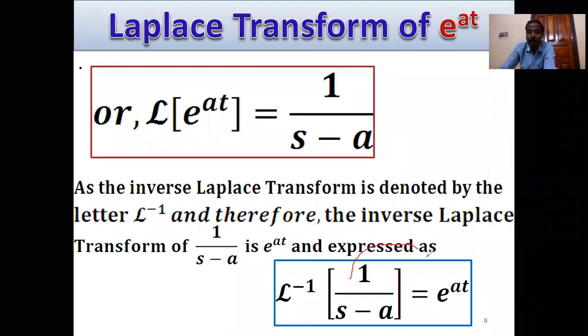This is the conversion from frequency domain to time domain. In this case, the Laplace transform goes from time domain to frequency domain, and the inverse Laplace transform goes from frequency domain to time domain.